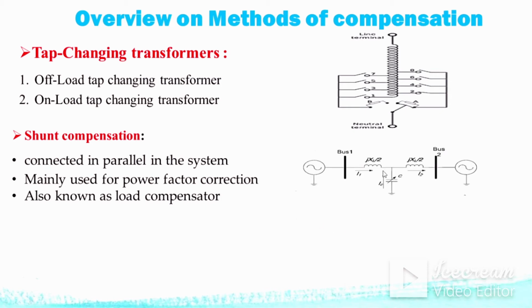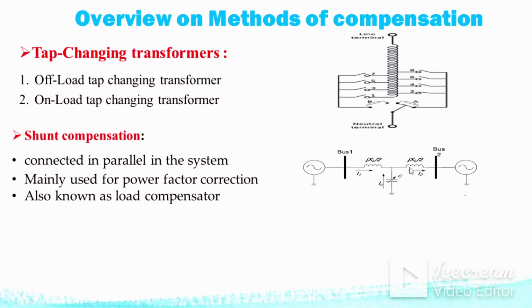This is a network where two generators are connected using bus bar 1 and bus bar 2, and these are the transmission line reactances. Due to these reactances, your reactive power demand has increased, since the line is absorbing a large amount of lagging reactive power.